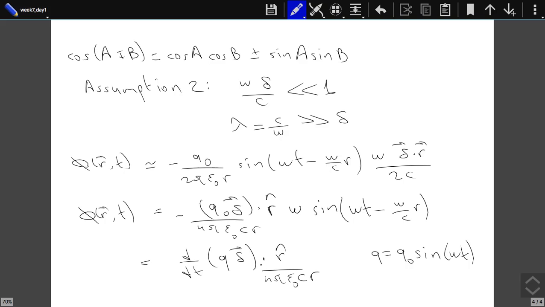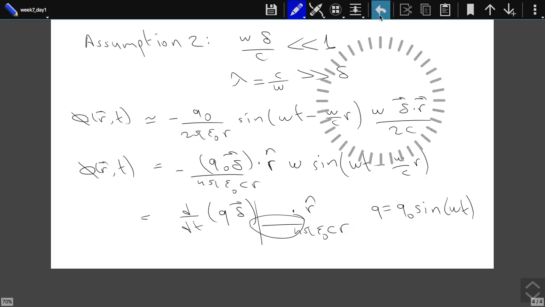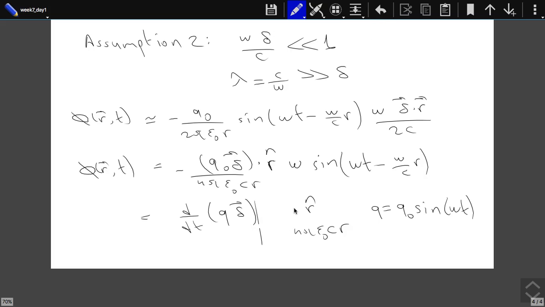Of course, this derivative is evaluated at omega t minus omega over c r.